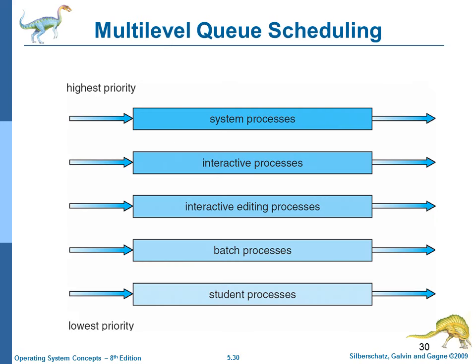This is an example of multi-level queue scheduling in which system processes, interactive processes, and interactive editing processes are given the highest priority, above batch processes and, for example, student processes.